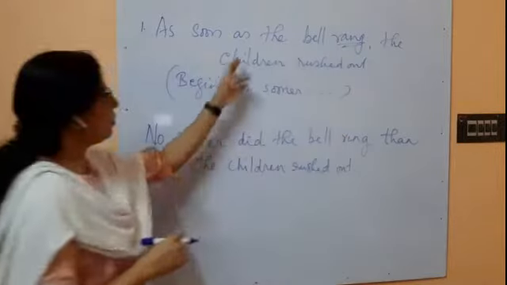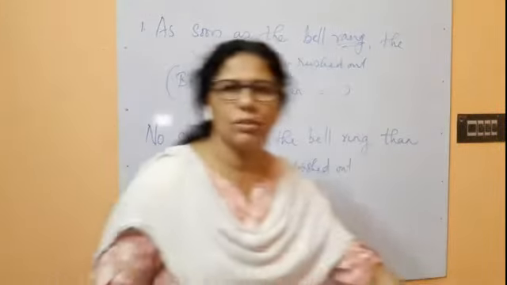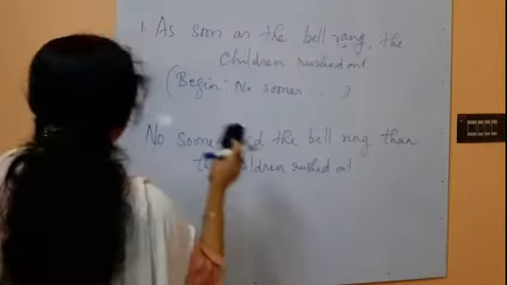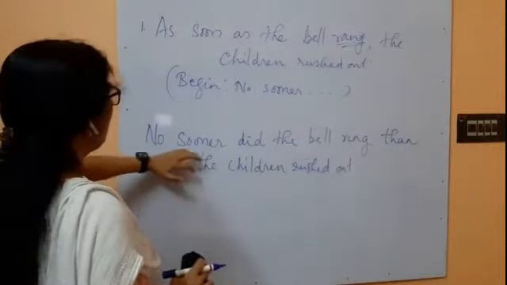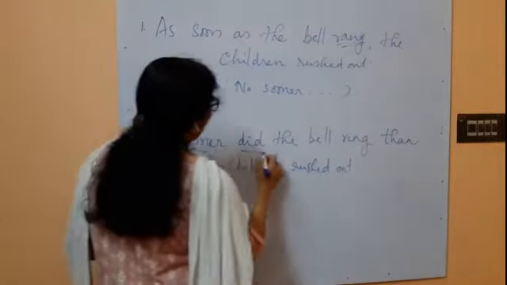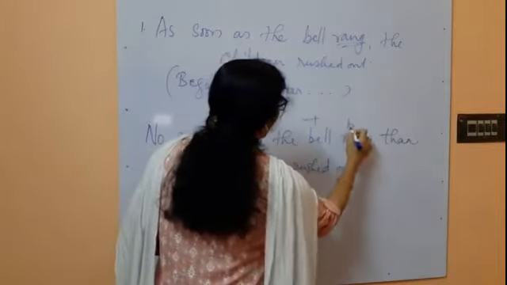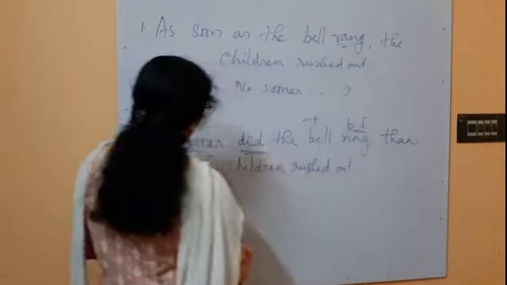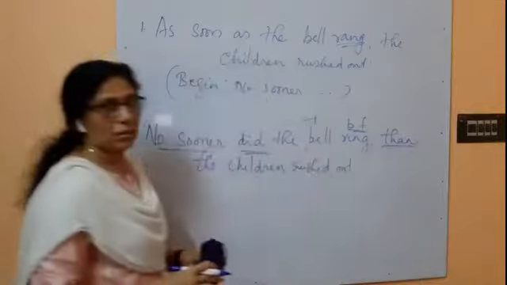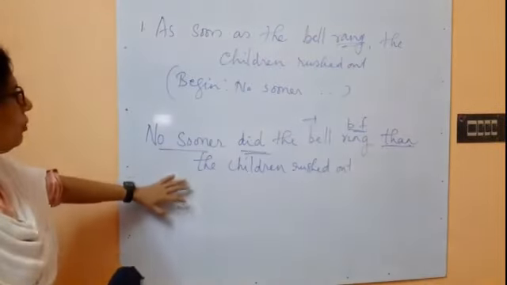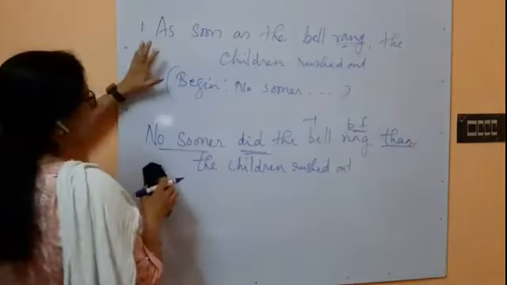This is how you have to combine the sentence using no sooner: no sooner did plus the base form, and than is used in the second part. I hope this is clear to you.